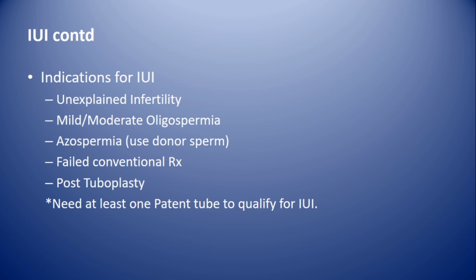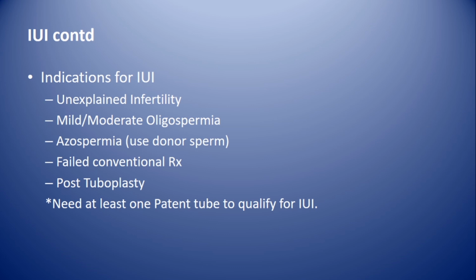So indications for IUI include unexplained infertility, mild to moderate oligospermia, because in the process of preparing the sperm, we concentrate the sperm together so that we have enough total motile sperm to deposit in the uterus at the time of ovulation. Then you can also use IUI in azoospermic people, people that don't have sperm in their ejaculate. But in this case, you have to use donor sperm.